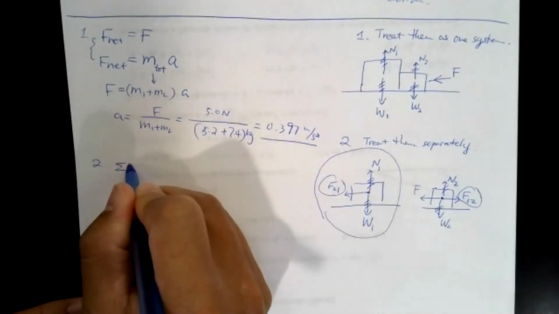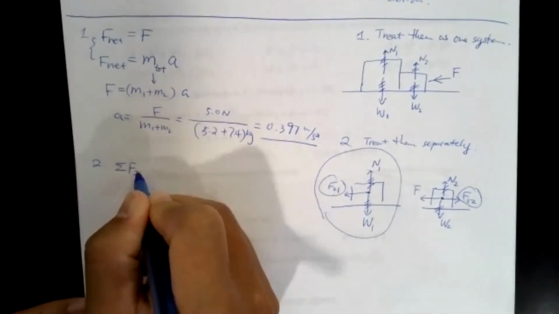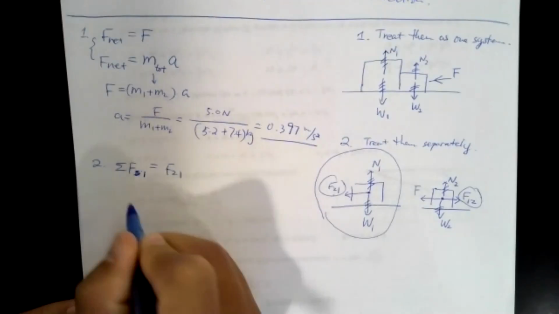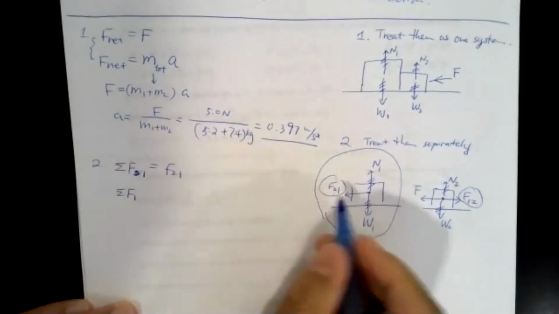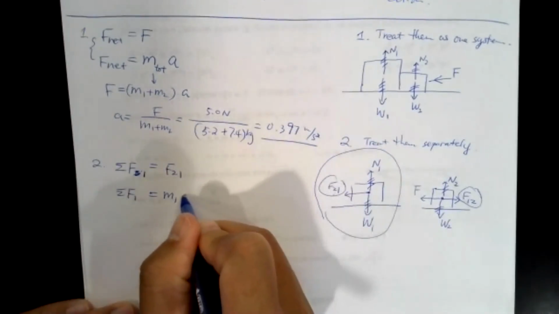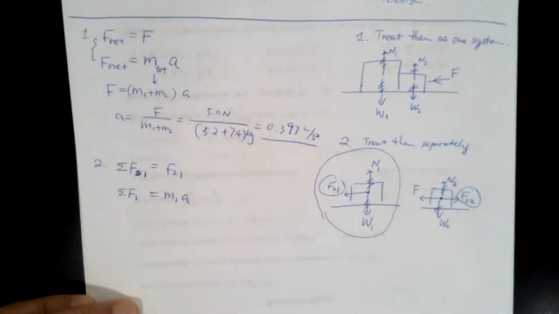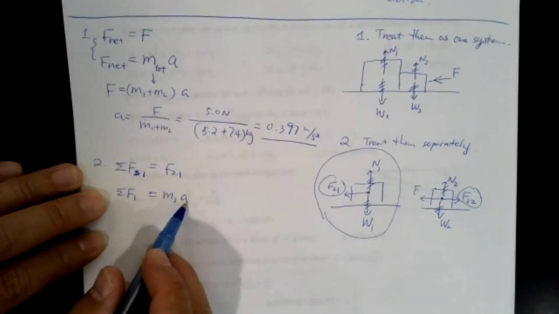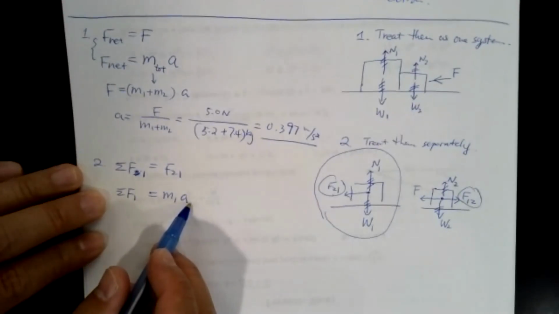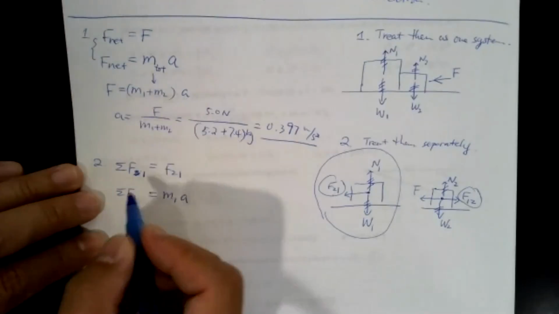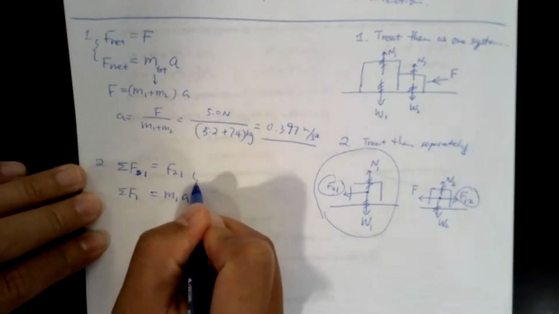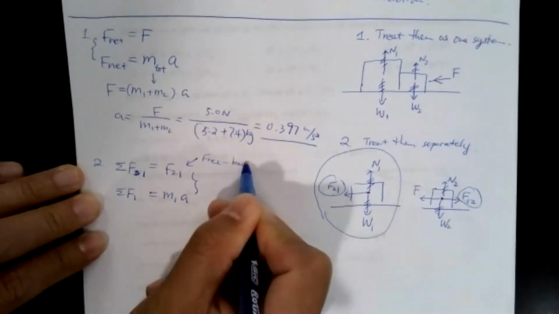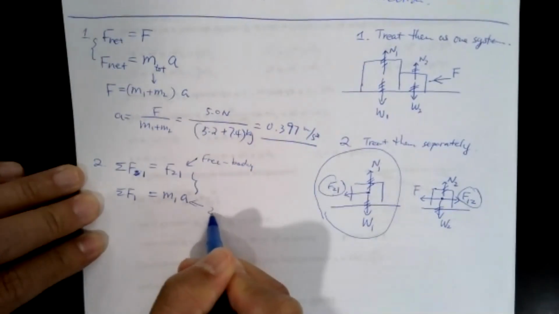So the net force on box 1 is equal to F21. Applying Newton's second law, the net force on 1 should be equal to m1 times acceleration of 1. Because they share the same acceleration, it's the same. Combining these two, this is from the free body diagram and this is from the second law.